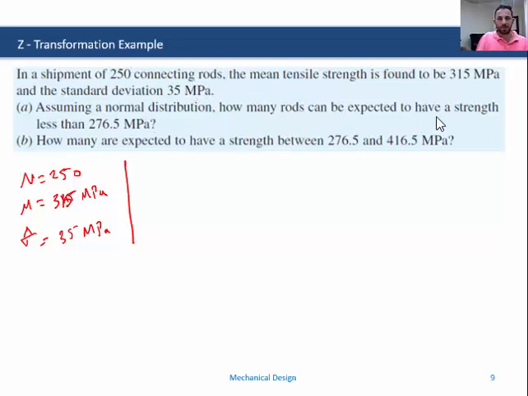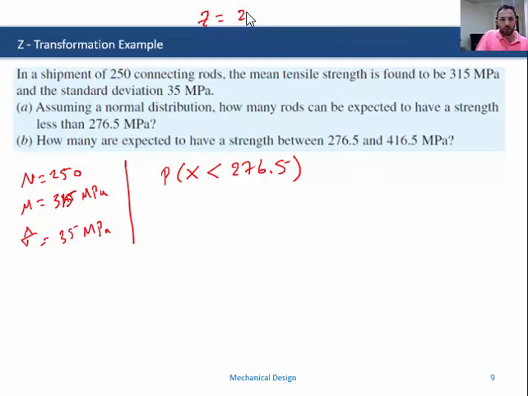How many rods can be expected to have a strength of less than 276.5 megapascal? So we need to obtain the probability that a certain rod has strength X less than 276.5. Again, we normalize this value.